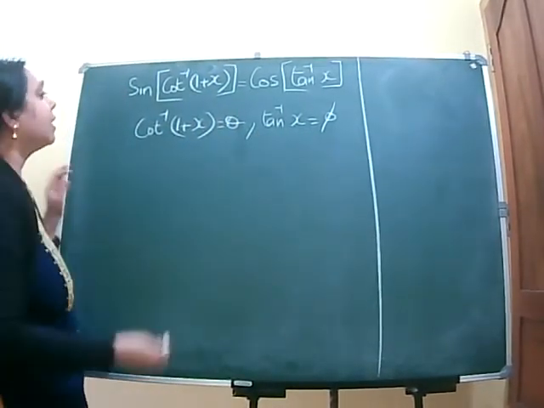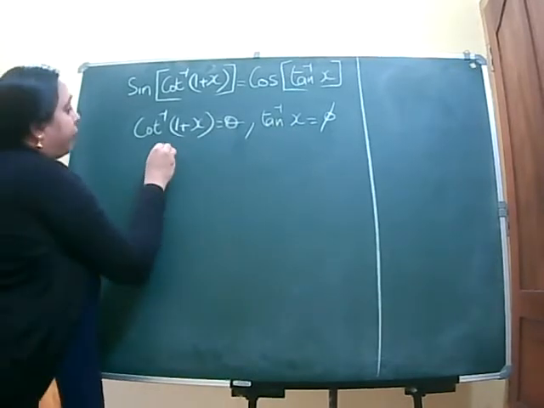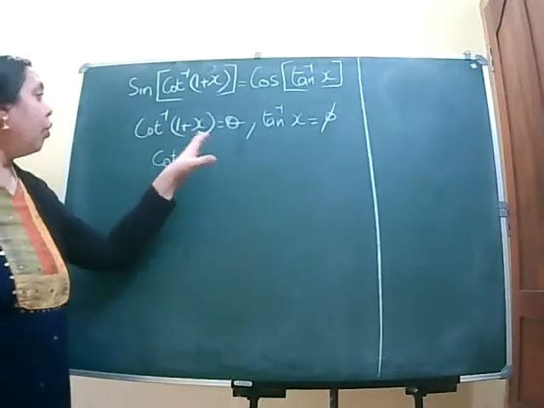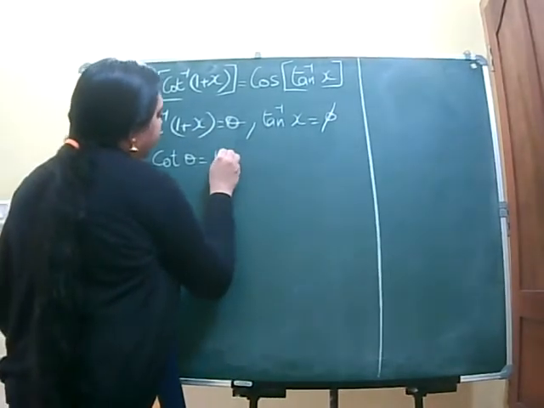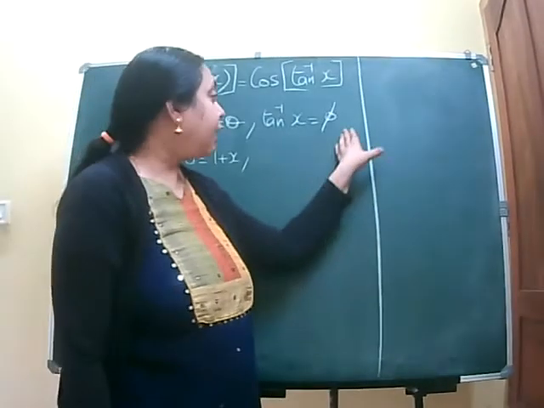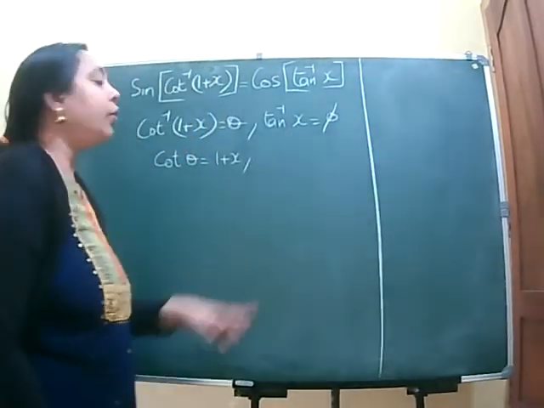which implies cot theta is equal to 1 plus x. Similarly, tan phi is equal to x.